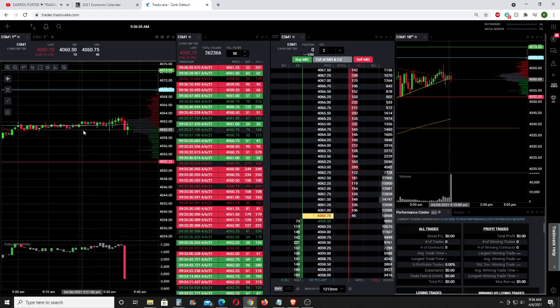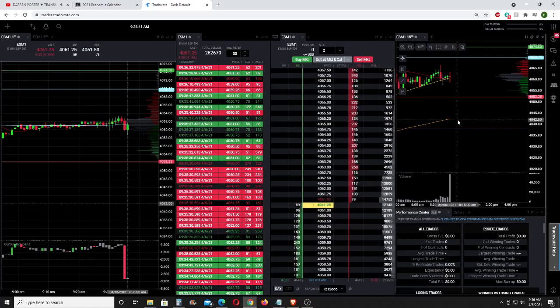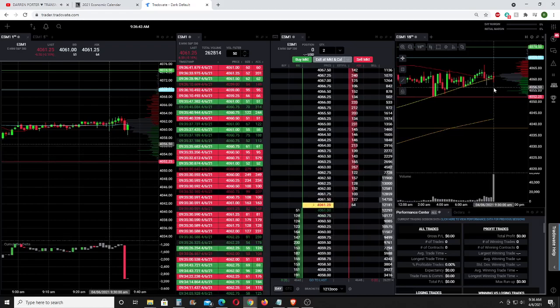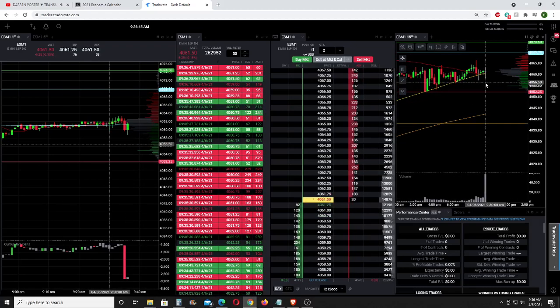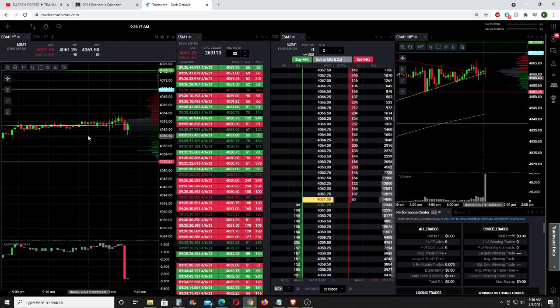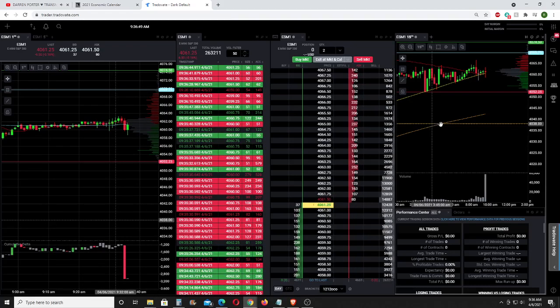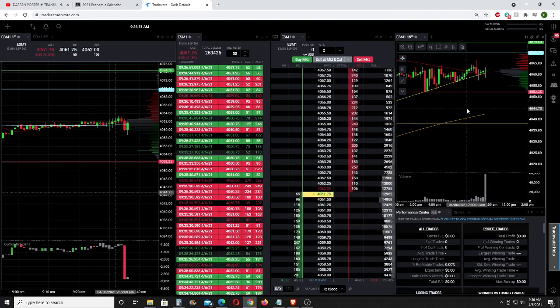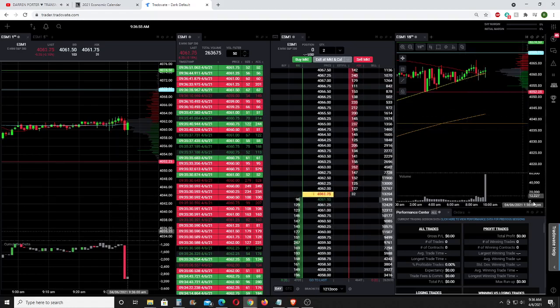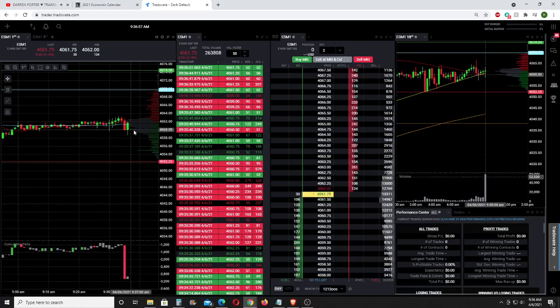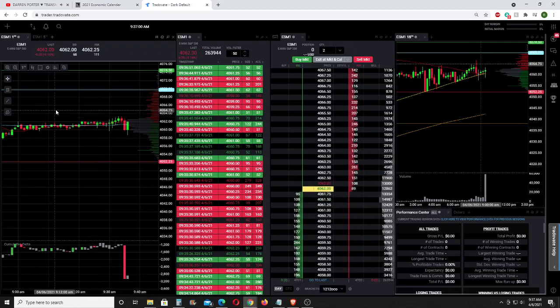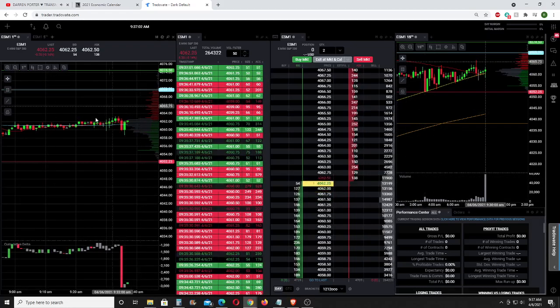I may completely change my bias in the next 4 minutes. Generally it's never a good idea to short the main trend, which is up. But keep in mind that I'm a short-term trader. I'm only trading within the hours of 9:30 to 11:30, 12ish. So it doesn't really matter what the general direction is. I'm just looking to get a few ticks here and there.